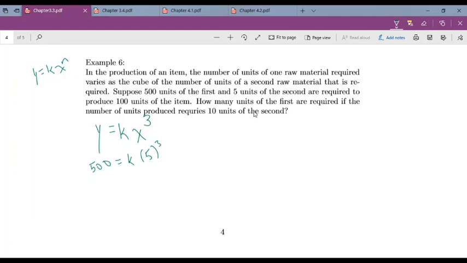What we're trying to figure out here is this constant of proportionality. So we've got 500 equals, we've got to figure out what this k is, times 5 to the third. 5 times 5 is 25 times 5 is 125. So if I want to figure out what k is, I've got to divide by 125 on both sides. Now 500 divided by 125 is just 4. So k equals 4.